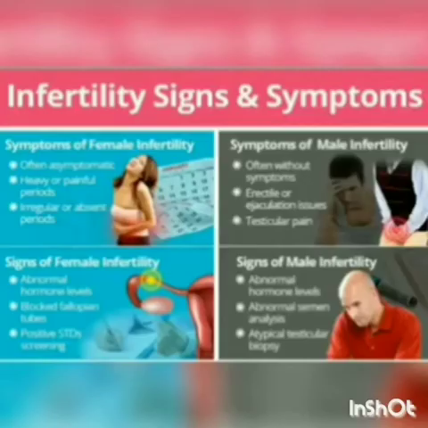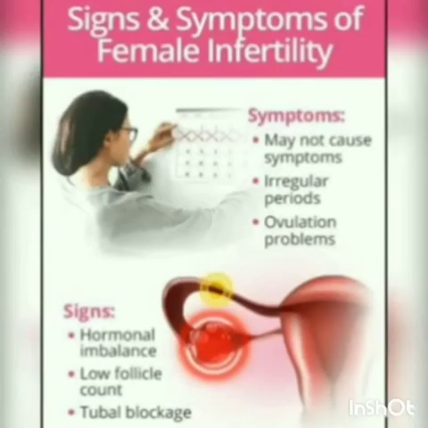That is the inability of a man to produce sufficient numbers or quality of sperms to impregnate a woman, or inability of a woman to become pregnant or maintain a pregnancy. So this infertility may occur in both male and female.